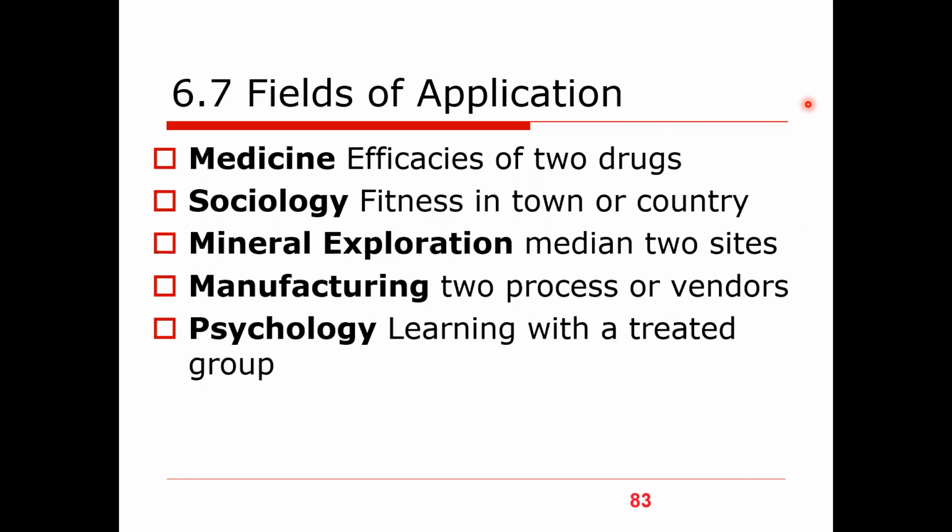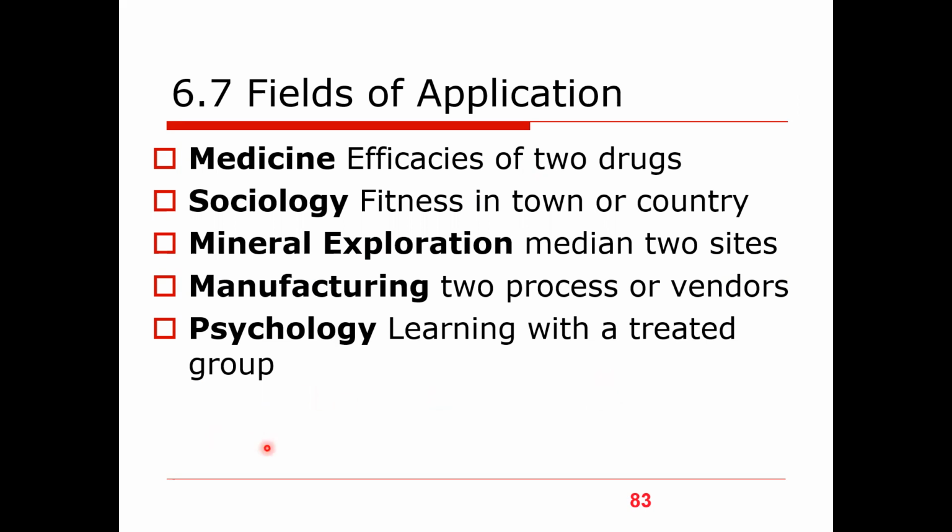And in mineral exploration, we may test the median or spread of two sites. In manufacturing, we can compare two processes or vendors. Their performance includes their center, their spread, and their distribution. In psychology, learning with a treated group, compare the test group with the control group, and so on.